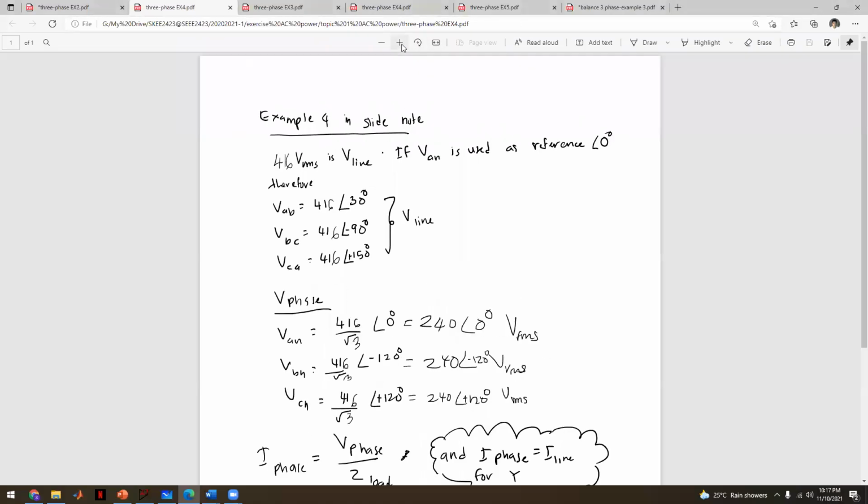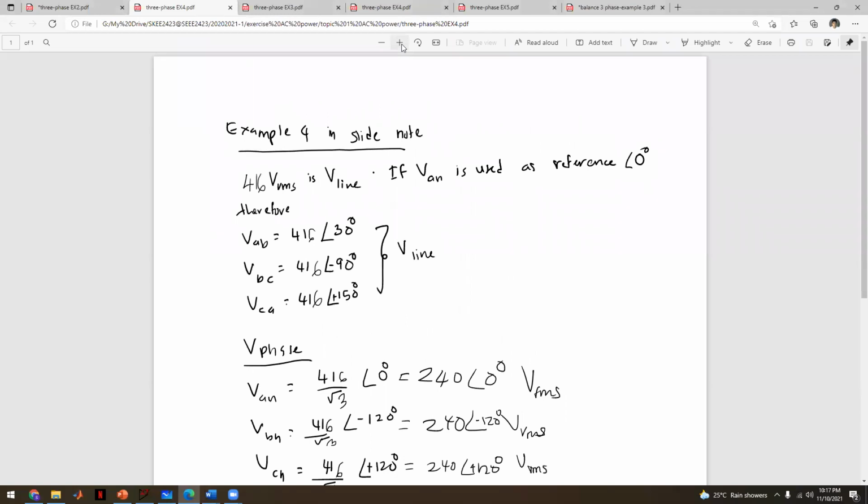In that question, they should actually mention that the 416 volt RMS is a V line, so please note that the value is V line. If VAN is used as reference, the phase VAN should have 0 degrees. So the line voltages VAB, VBC, and VCA should be like this: VAB must lead VAN by 30 degrees.